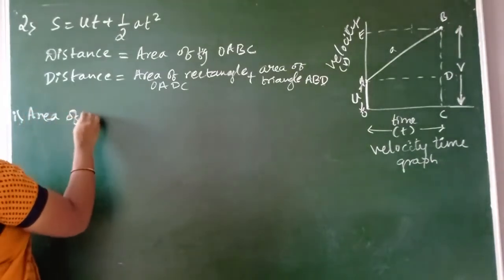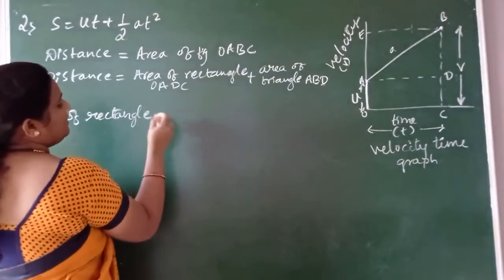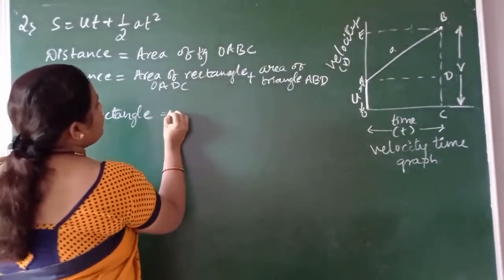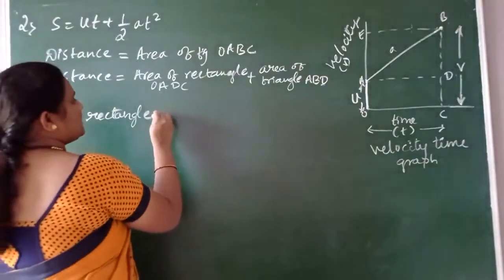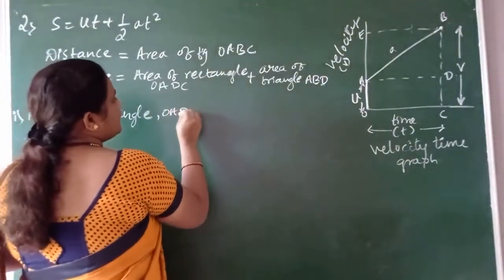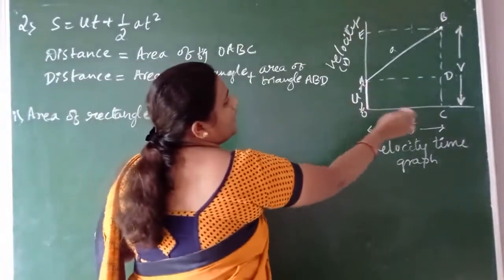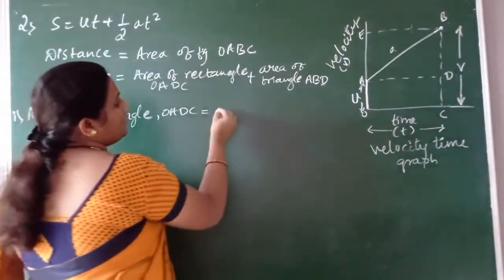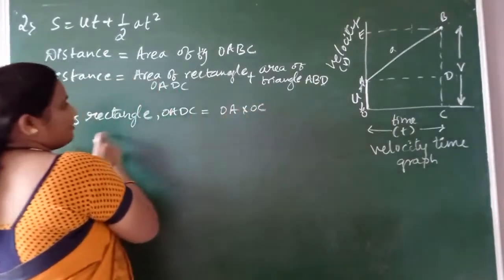So first let us calculate the area of the rectangle OADC. What is the formula? Length into breadth. OA into OC is the area of a rectangle.